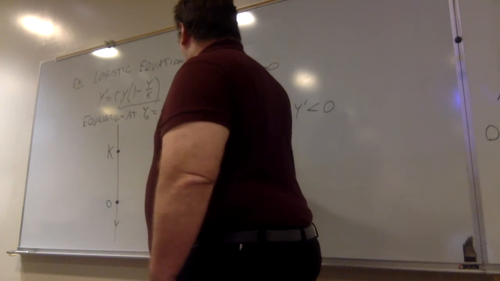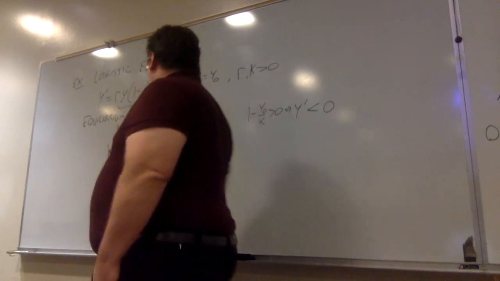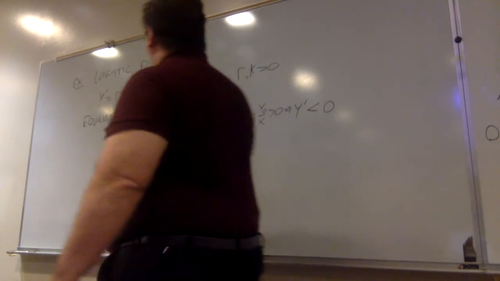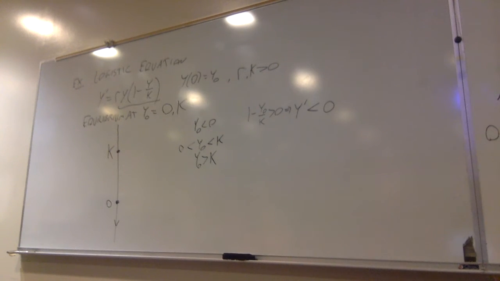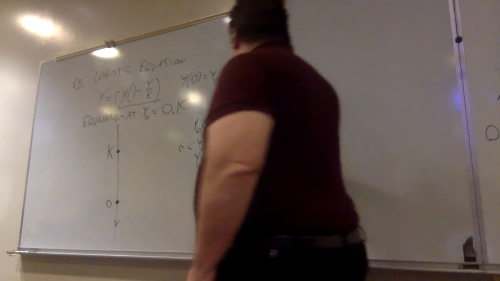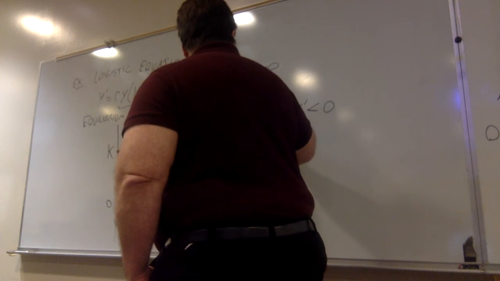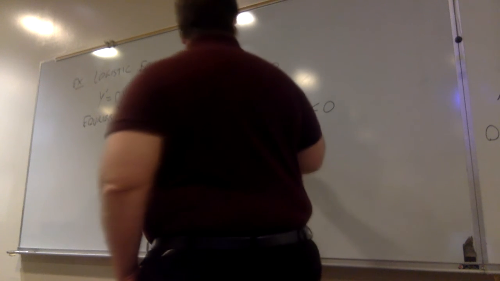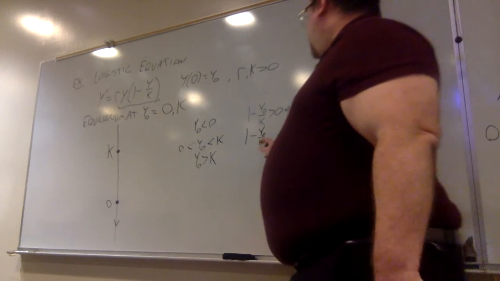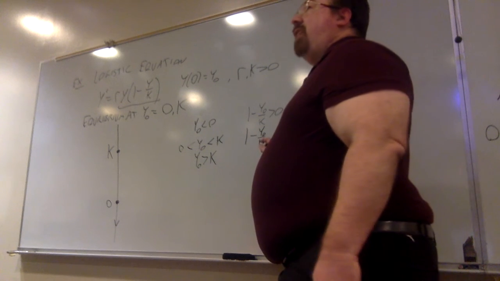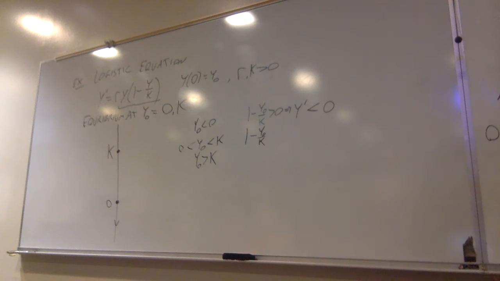Now, if we go here, y naught is in between. So this factor y is going to be positive now. But then we look at 1 minus y naught over k. In this case, y naught and k are both positive. This fraction, therefore, is positive. But we're subtracting that from 1. The question is whether what we're subtracting will be so large that it will make the whole thing negative, or will it remain positive?